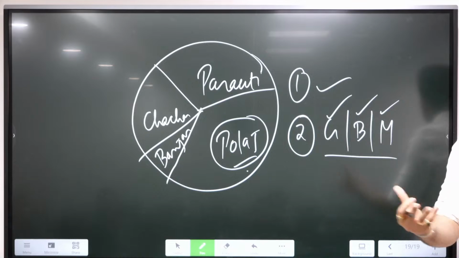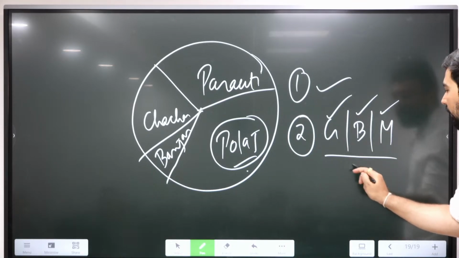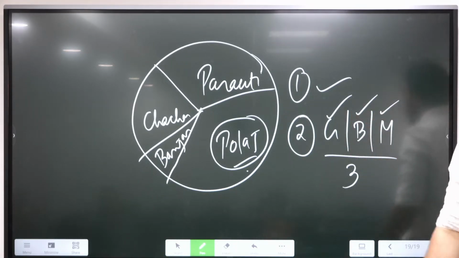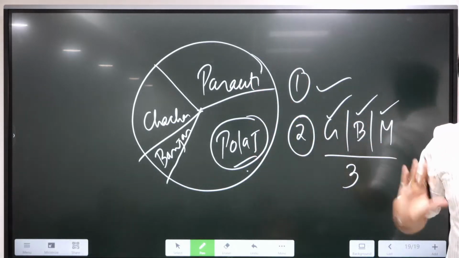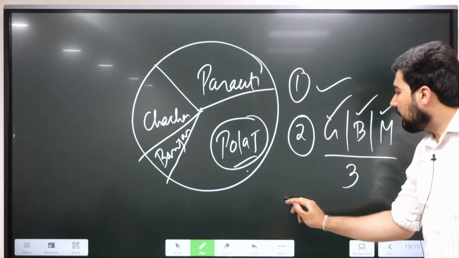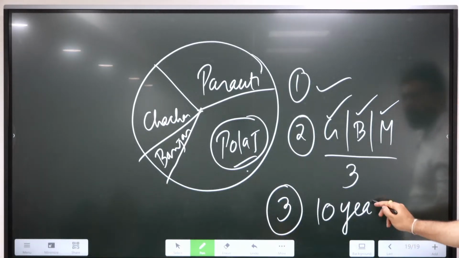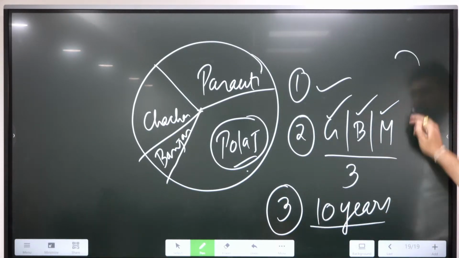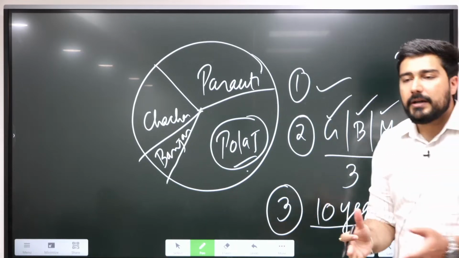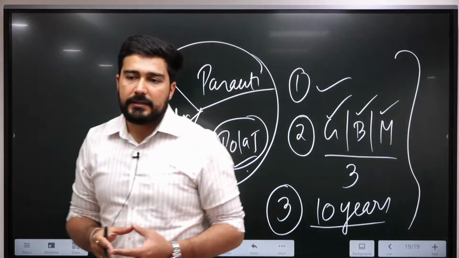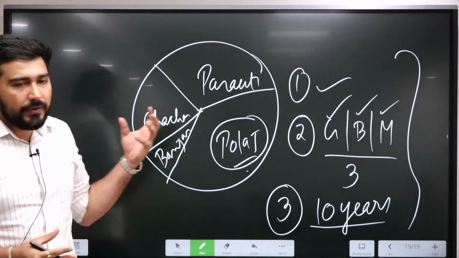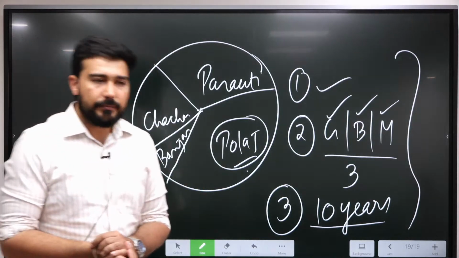So all the 3 areas would be cut, and then the average will be taken for every specific area. Then the third part of the algorithm would be the average of the last 10 years. So when all these 3 are combined, it becomes the Aine Dehsala system. So this was a very good system which was created by him.